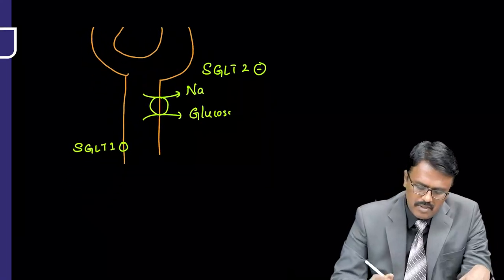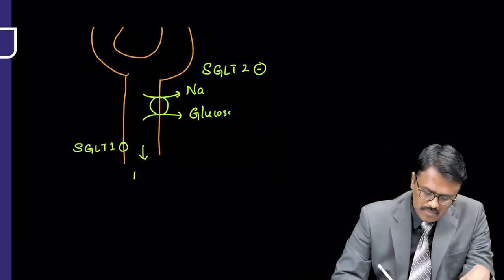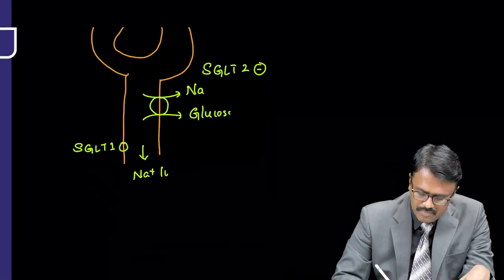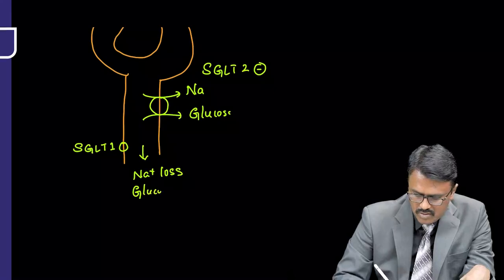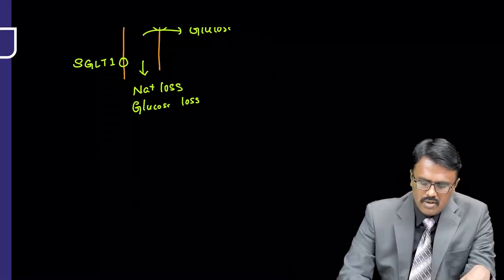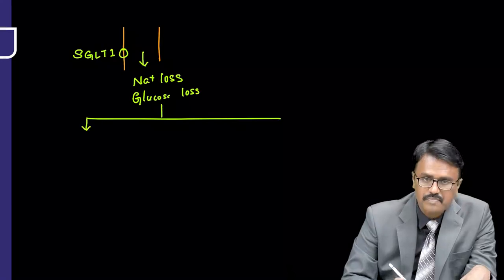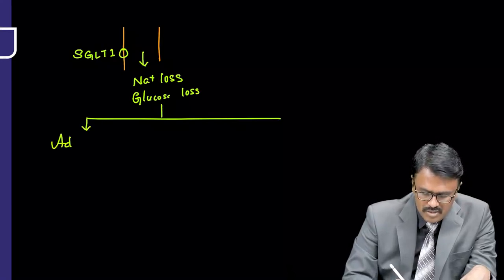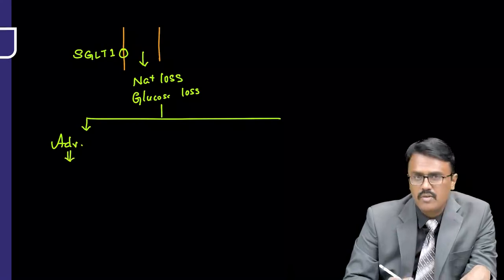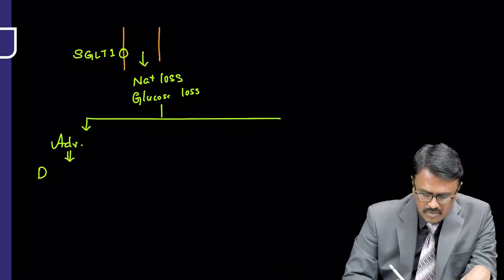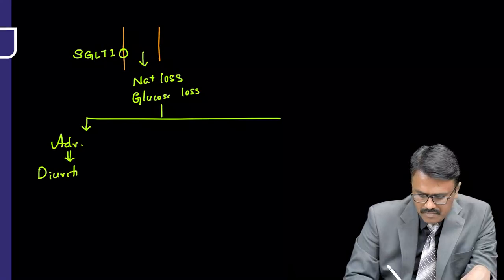What happens if you inhibit this? You are losing sodium. So there is loss of sodium and there is loss of glucose. So there is glucose loss in the urine. Now the sodium loss and glucose loss, there may be advantage and disadvantage to the patient. What is the advantage? When you lose sodium, obviously you are losing water, so it will produce diuretic effect.